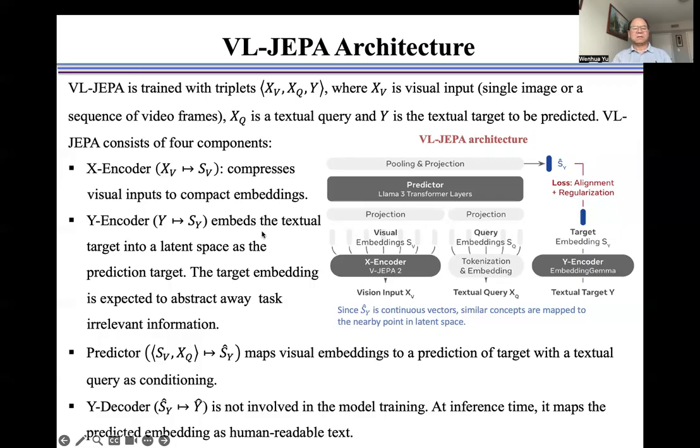The Y encoder embeds the textual target into a latent space as a prediction target, as shown here. The target embedding is expected to abstract away task-irrelevant information. The predictor maps visual embeddings to a prediction of the target with a textual query as conditioning, as shown here. The Y decoder is not involved in model training. At inference time, it maps the predicted embedding to human-readable text.